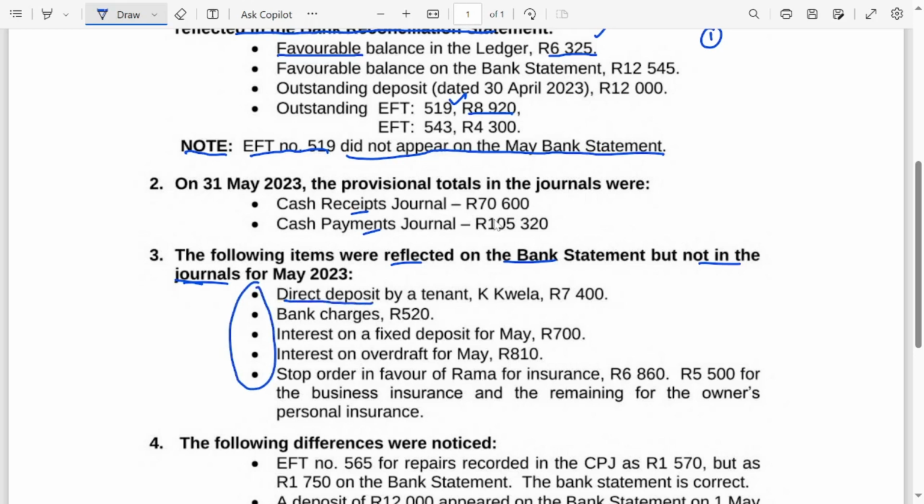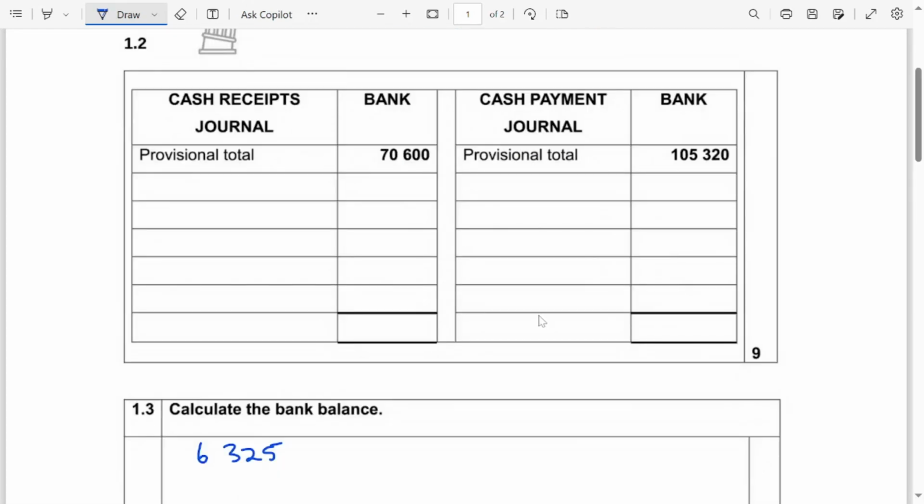The first one is the direct deposit by a tenant, K Queller, 7,400. This is a tenant. He made a deposit, so it means that we are receiving money, 7,400. That is a CRJ.